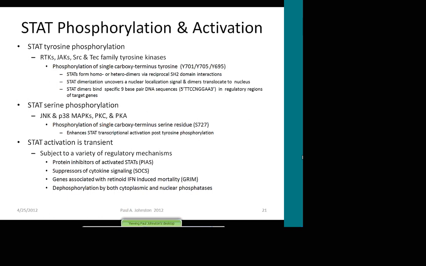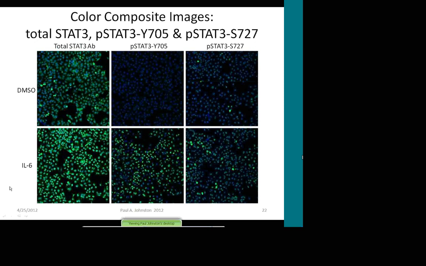So we had to look at all three antibodies to see which one gave us the best signal window that we could use for screening. Our bias was to use the tyrosine phosphorylation because it was the main driver of dimerization, translocation, and DNA binding and activation of the STAT3 response.